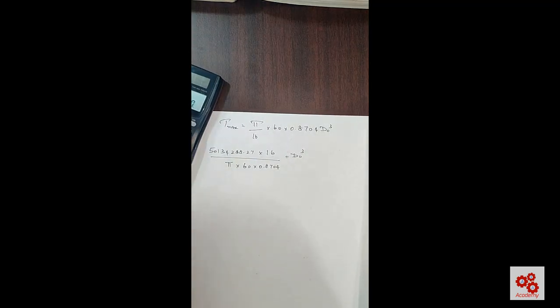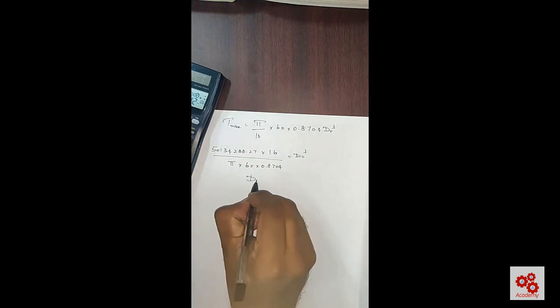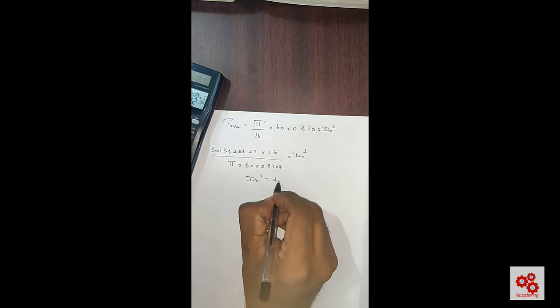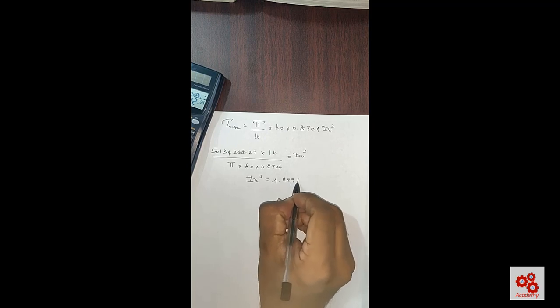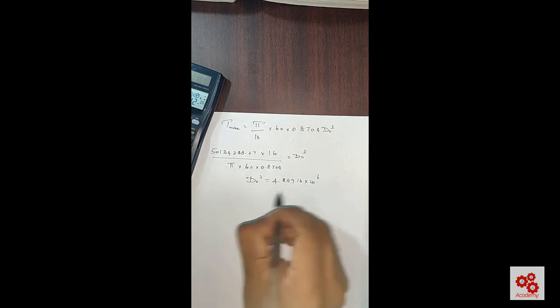Then we find the overall value: 50134288.27 into 16 divided by pi into 60 into 0.8704. The value of d naught cube is 4.88916 into 10 to the power 6.